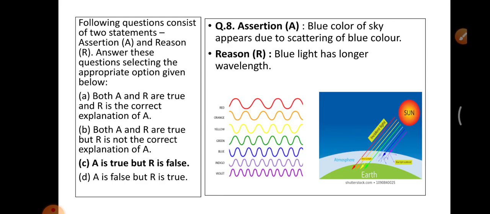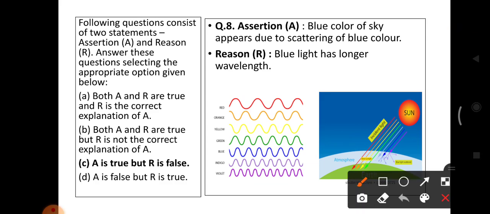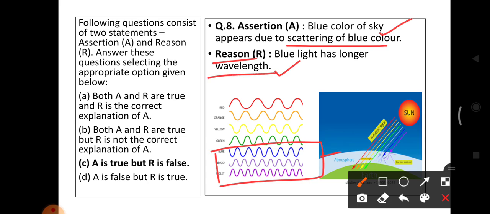The next question. Blue color of sky appears due to the scattering of blue color. Blue light has a longer wavelength. No. The blue light has only the shorter wavelength. Blue color of the sky is due to the scattering of light, but here the reason they have given is that blue light has the longer wavelength.